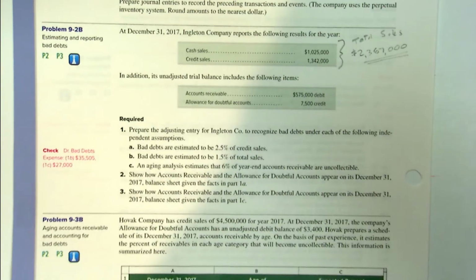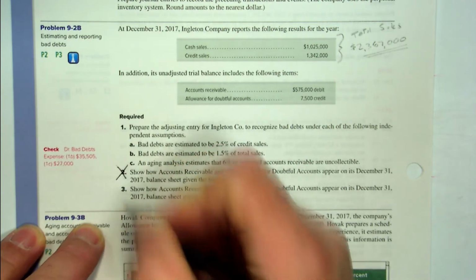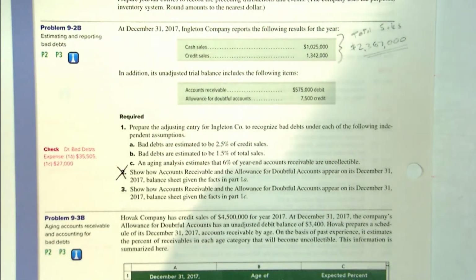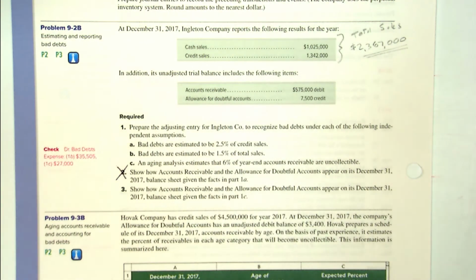I want to work on another one in class, and it's real doggone similar with just different numbers. But I want to do problem 9-2B. And once again, I want you to skip requirement number 2. Now, I'm not going to give you an infinite amount of time to do this, because there's some other things I want to make sure that I get through.